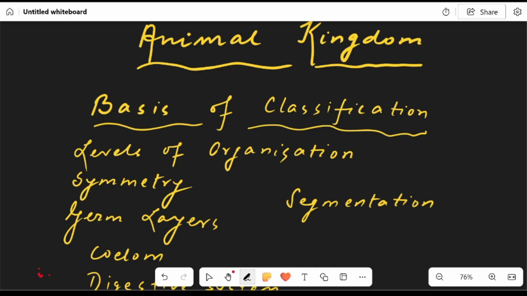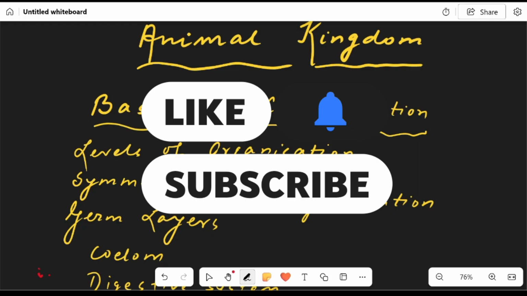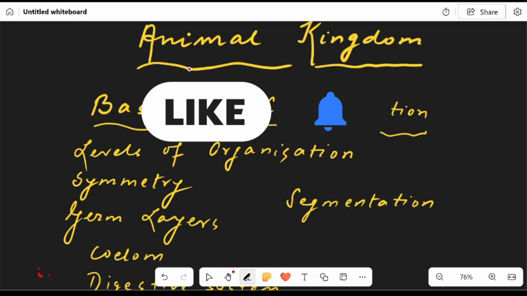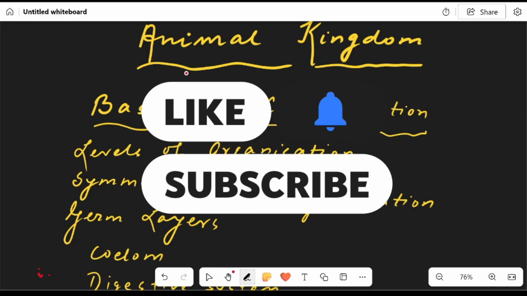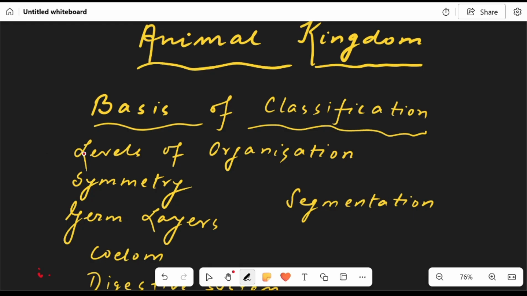Today we are going to start the second lecture of Animal Kingdom, which is one of the most important chapters of class 11 biology. So Animal Kingdom has been characterized on the basis of some traits. What is the basis of classification?